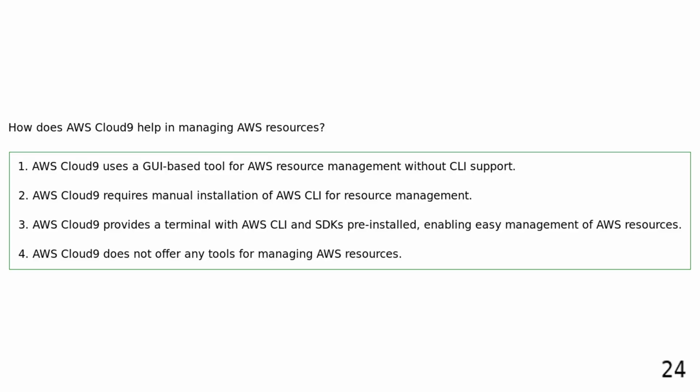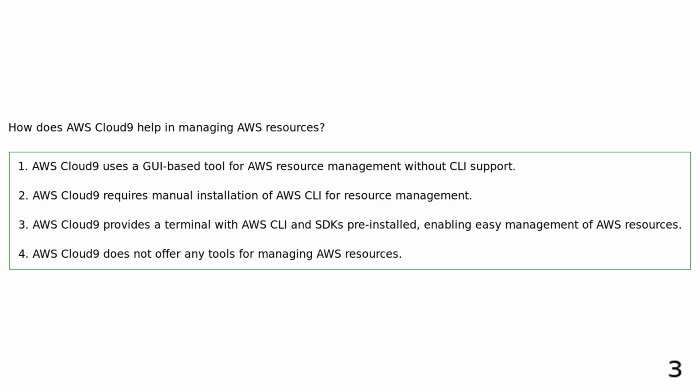How does AWS Cloud9 help in managing AWS resources? AWS Cloud9 uses a GUI-based tool for AWS resource management without CLI support. AWS Cloud9 requires manual installation of AWS CLI for resource management.